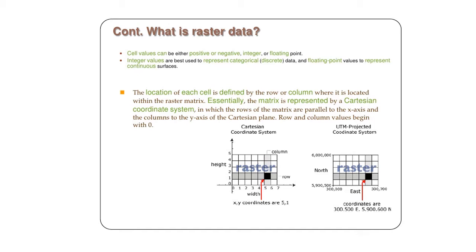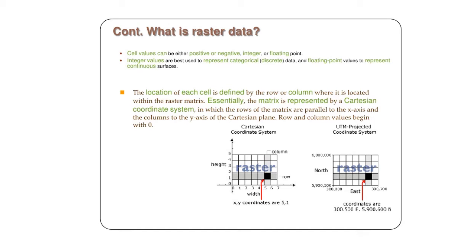Now, in the UTM projected coordinate system, how are we going to do it? So, north and east, this is the same thing, coordinate at 3500 east, and the north is 5960.